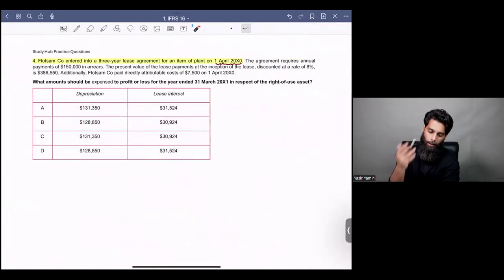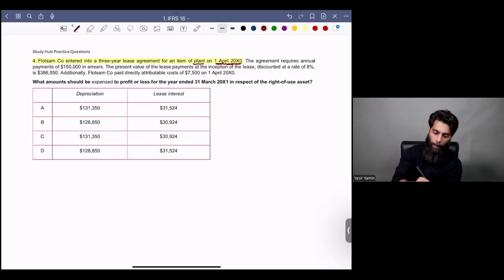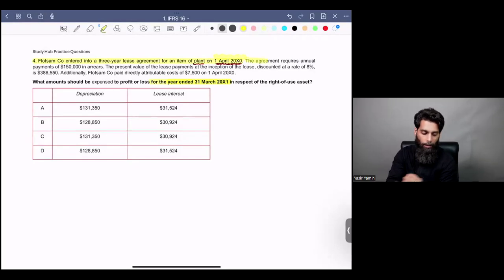All right, let's continue. We took the plant on lease on 1st April X0. And mind you, the question is for the year ended 31st March X1, so this is technically the start of the year. The examiner says the agreement requires annual payments of 150,000 in arrears. The present value of the lease payments at the inception of the lease, discounted at the rate of 8%, is 386,550.